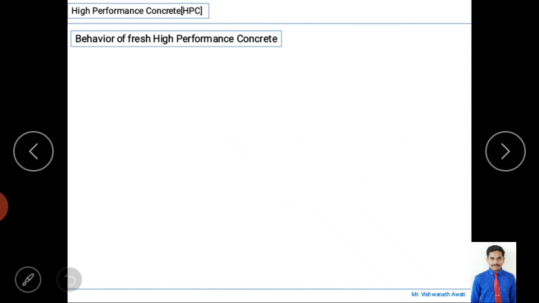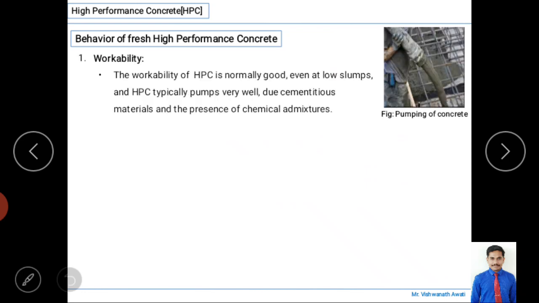Next we will go for the behavior of fresh high performance concrete. What is the behavior of high performance concrete in a fresh condition? One is workability. We know workability is very important for the strength of the concrete, right? Initially in a fresh condition, the workability of high performance concrete is normally good, even at low slump values, and it typically pumps very well.